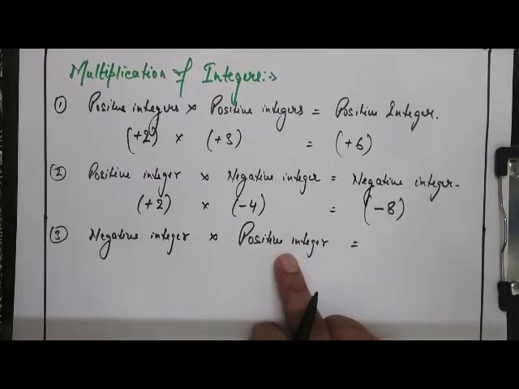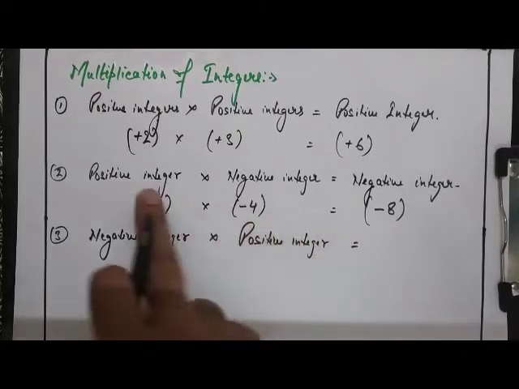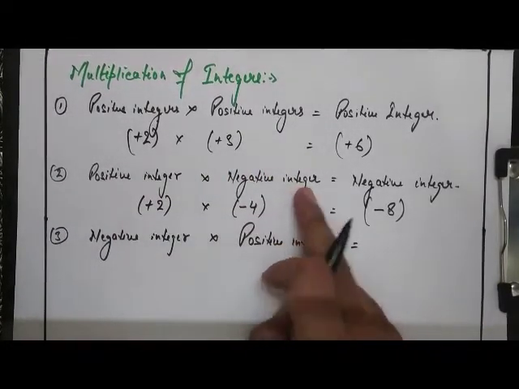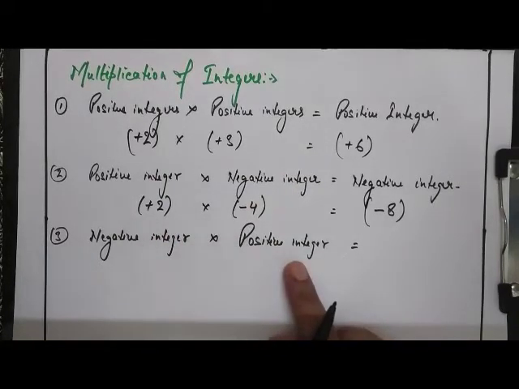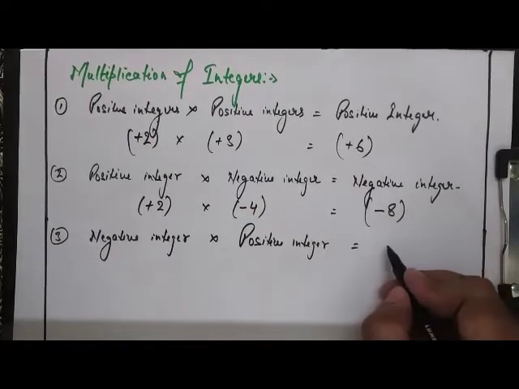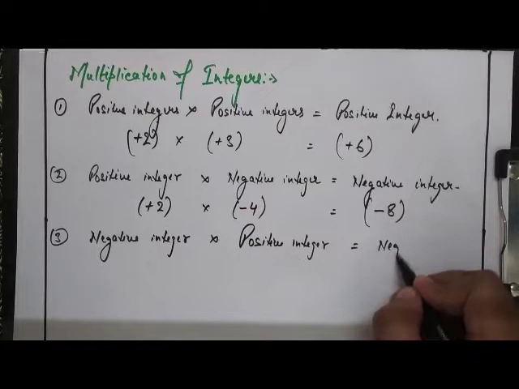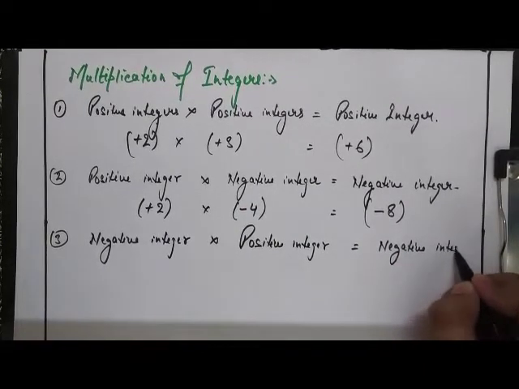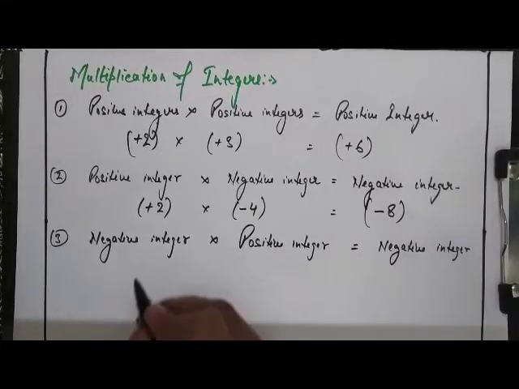In this case also, students, it's very important, just remember this concept: either a positive integer multiplied by a negative integer or a negative integer multiplied by a positive integer, in both the cases the answer remains the same, unaltered. The answer will be a negative integer. Keep on writing with me. It's better to keep on writing down the notes.